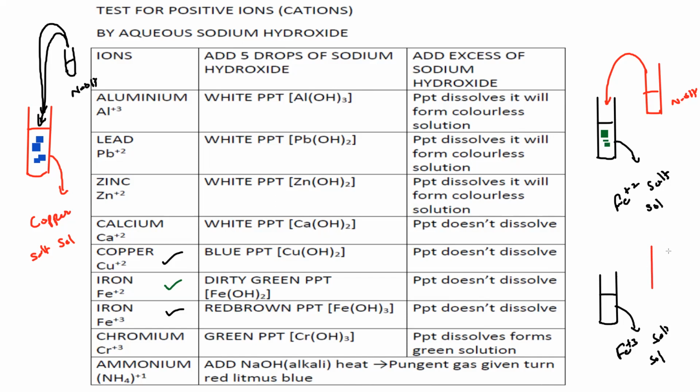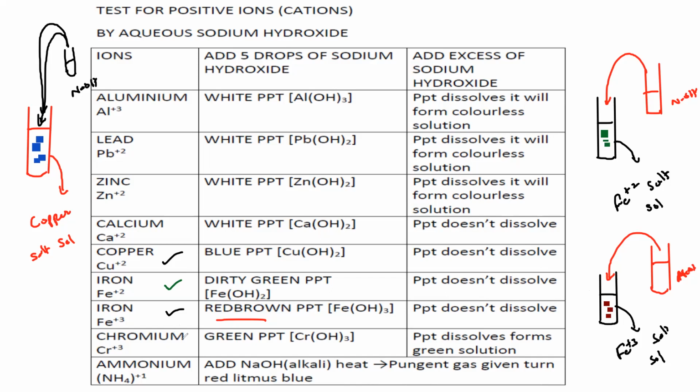For each positive ion, we are adding sodium hydroxide, and as a result, we just have to memorize what the observation could be. What is the observation when a salt solution contains iron 3 ion and we are adding sodium hydroxide? We'll observe red brown PPT. So this red brown precipitate will form. And when we add an excess, the precipitate does not dissolve. So the precipitate remains as it is.